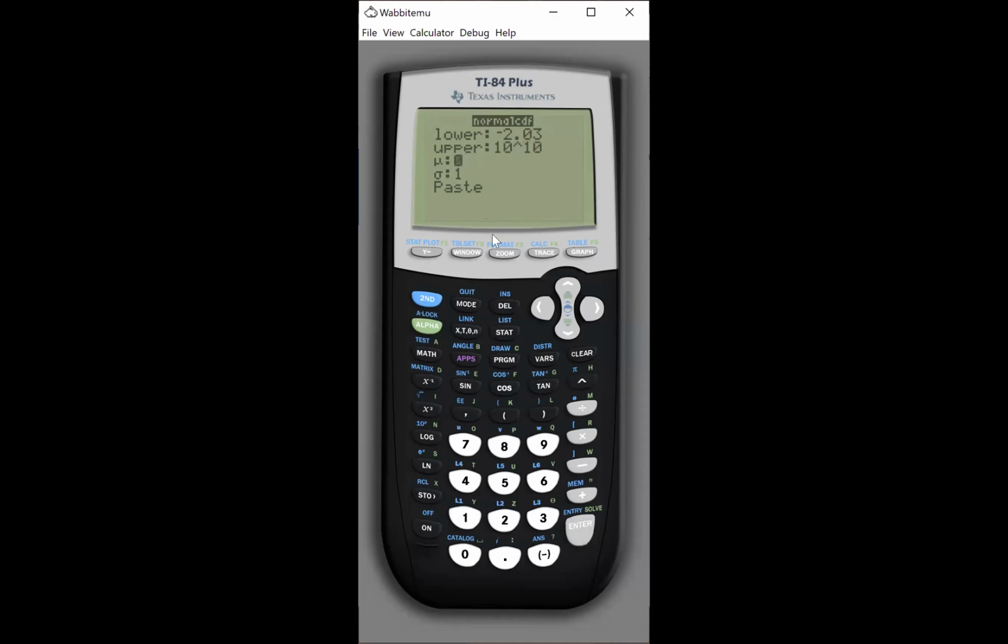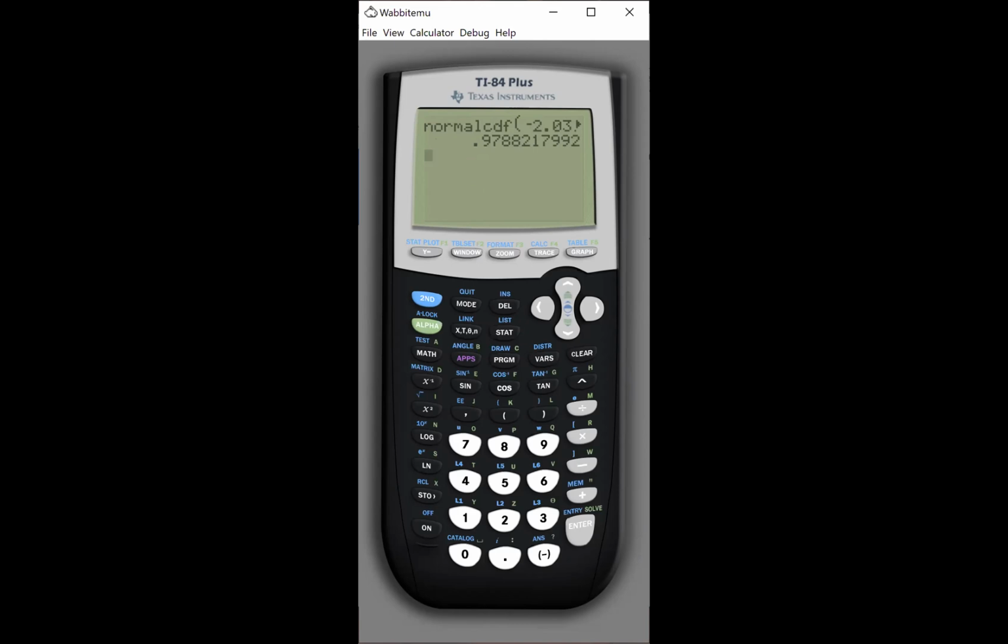Then mu is 0, sigma is equal to 1. You go to paste, and we get our answer for number 5, which is 0.978. All right, so that's how you deal with the TI-84. Any question on how I deal with the TI-84?